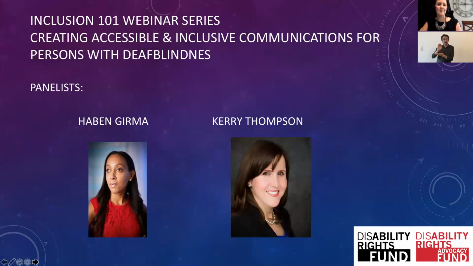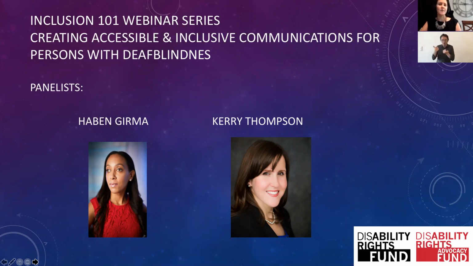As Haben said, it's really helpful to have family or friends supporting you to learn with you, so that if there's something you don't see or understand, you have somebody to explain what you're seeing.